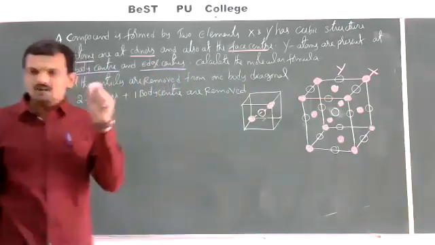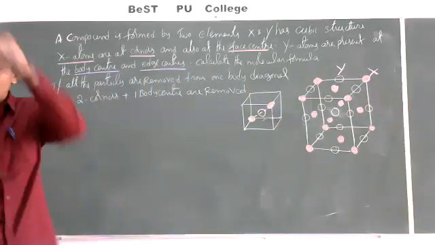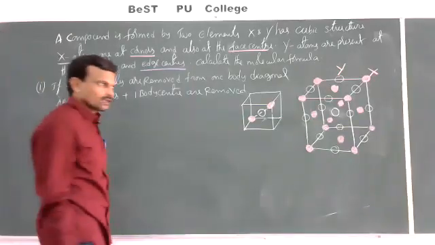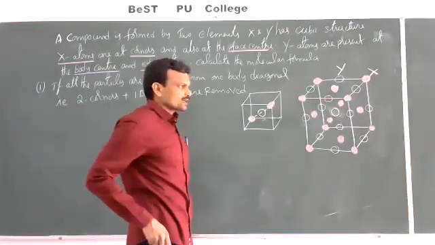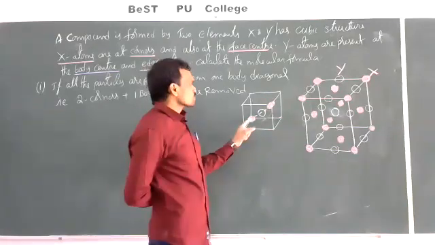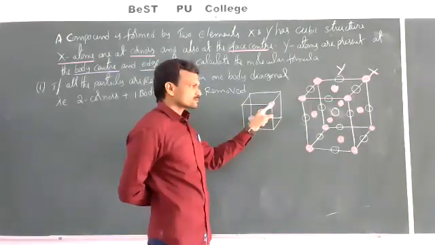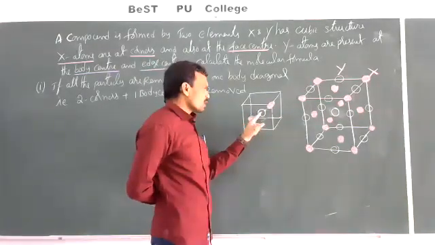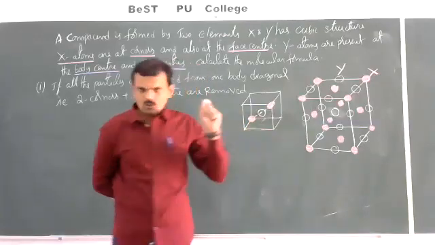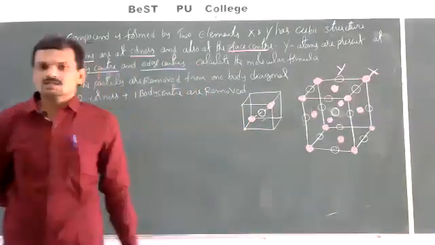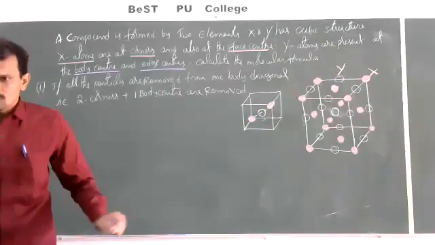Means if you have eliminated all the particles along one body diagonal, a body diagonal consists of two corners and one body center. So two corner particles and one body center particle are removed.